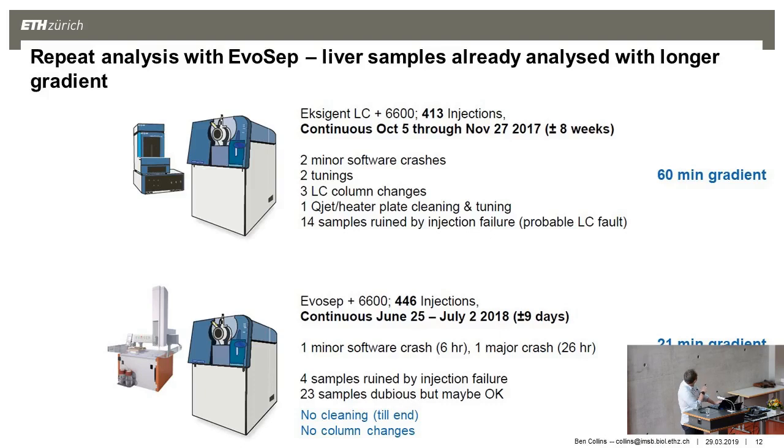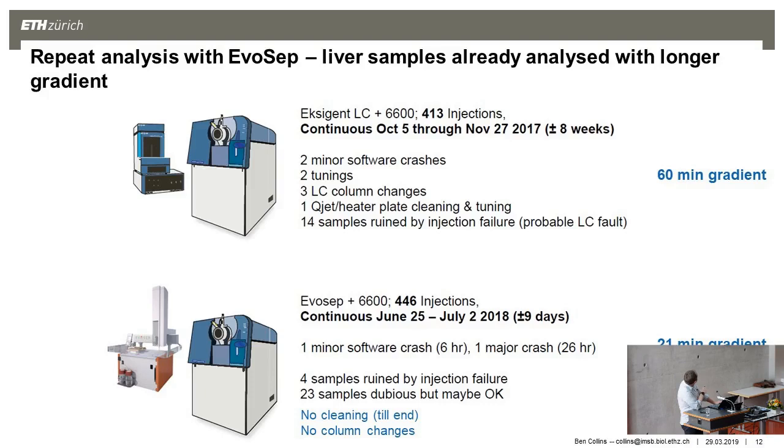The Evosep is not entirely free of these effects, but they seem to be reduced to a significant degree. So this data acquisition, which took about 8 weeks in our more standard workflow, we were able to do in a little bit more than a week using the Evosep platform.